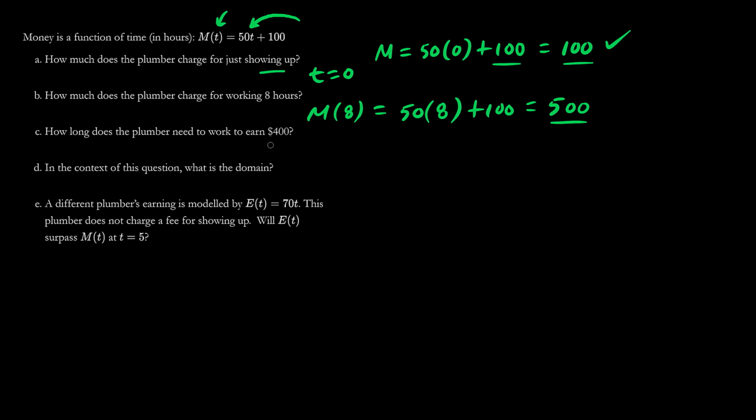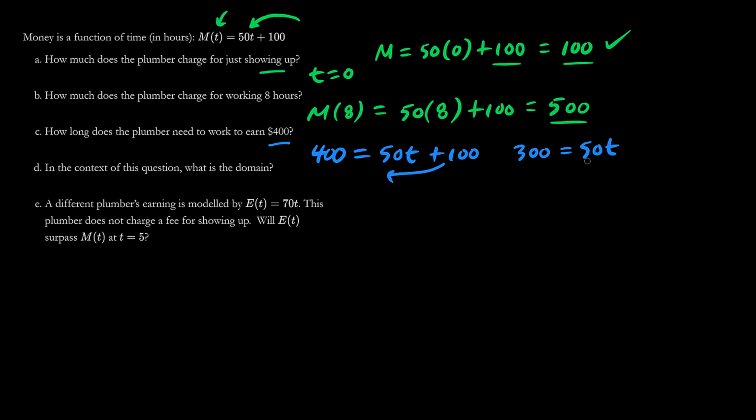Now, what if the goal is to make $400? The money M is 400. So 400 is 50t plus 100. We're going to throw the 100 over to the left. 400 minus 100 is 300, which is equal to 50t.